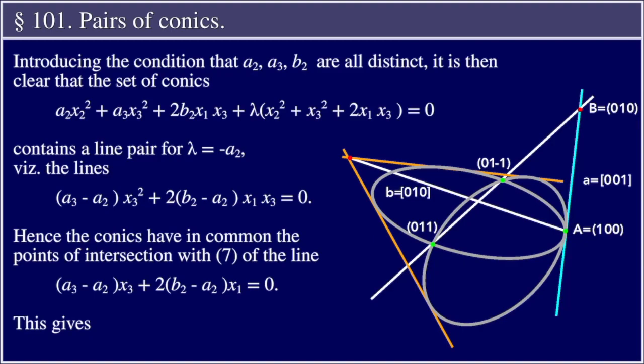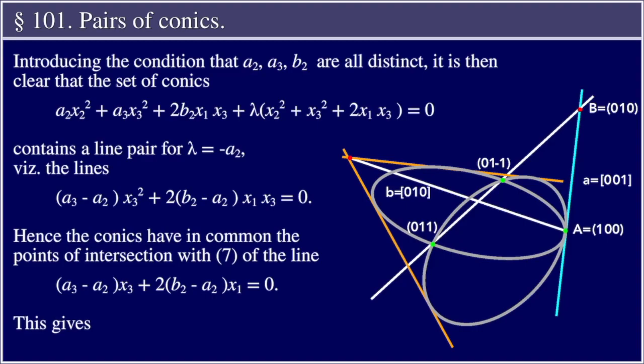of conics a2 x2 squared plus a3 x3 squared plus 2b2 x1 x3 plus lambda times the quantity x2 squared plus x3 squared plus 2 x1 x3 equals 0 contains a line pair for lambda equal negative a2, namely the lines, the quantity a3 minus a2 times x3 squared plus 2 times the quantity b2 minus a2 x1 x3 equals 0.